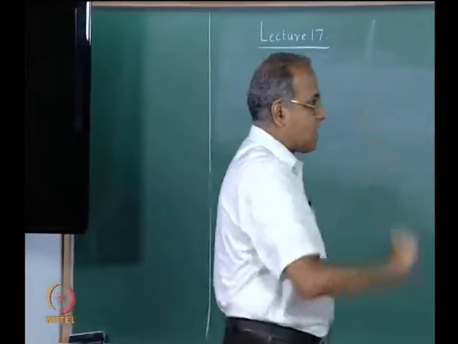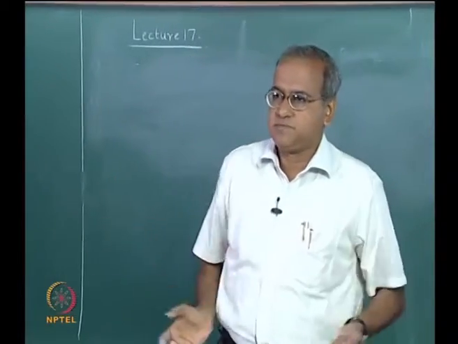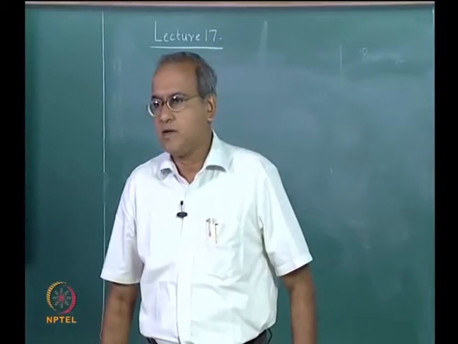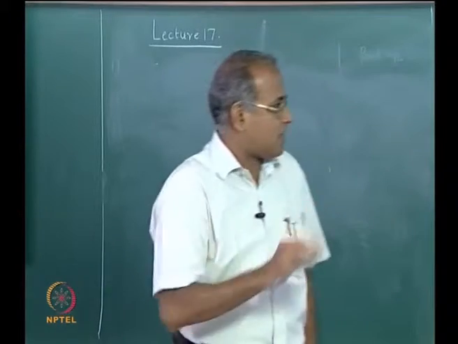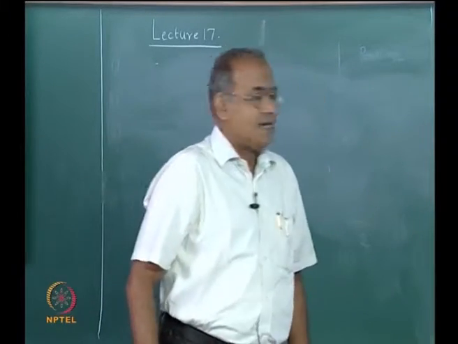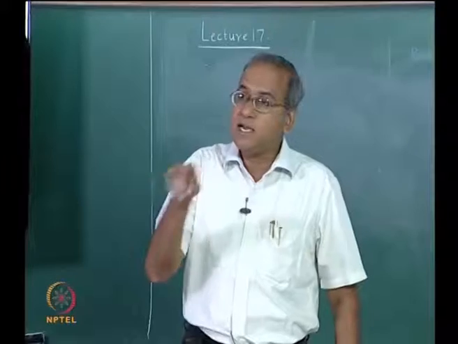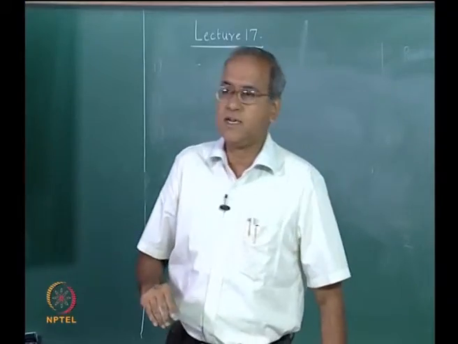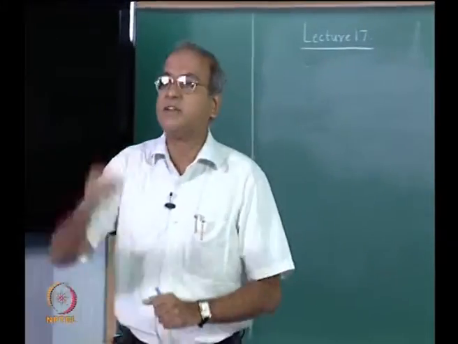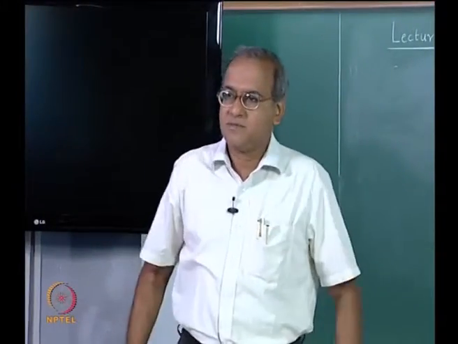If we take the first, there are 6 candidate machines that are available. If you take the first operation, it can be done in either 1 or 3 or 4 or 6, unlike the earlier incidence matrix where it has to visit all the 4 machines.